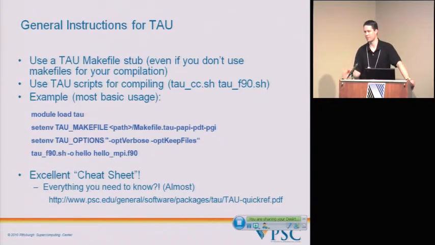Until something changes on your system, or you have a new compiler or something, then yes, you have to deal with that if you want to use that with Tau. But once you have all those configured, you just need to set this environment variable to the appropriate makefile that has the combination of compiler, MPI flavor, and Tau options that you want.